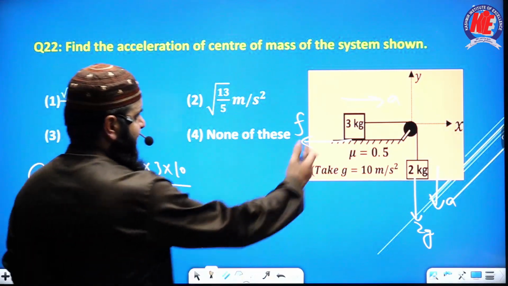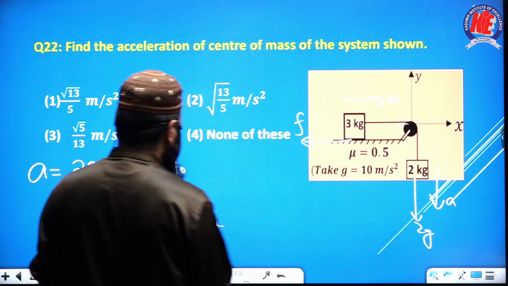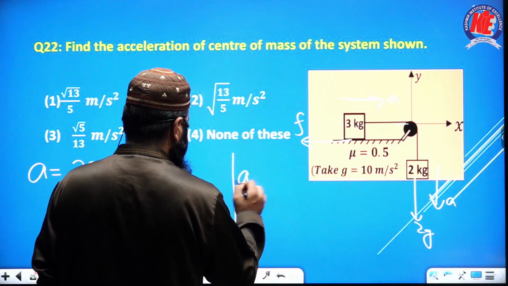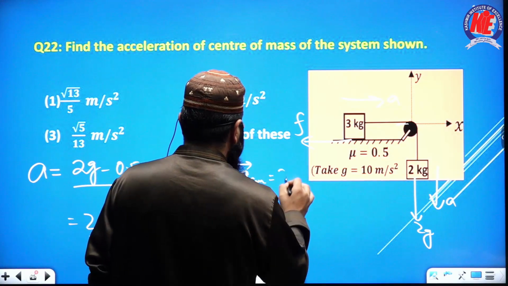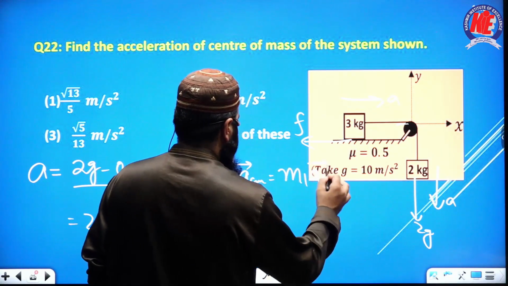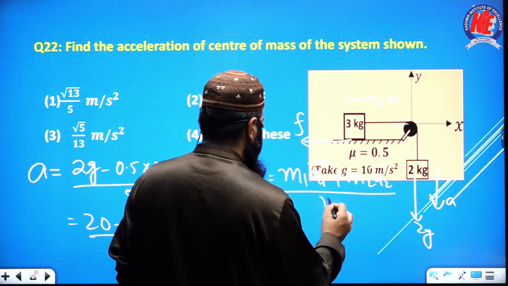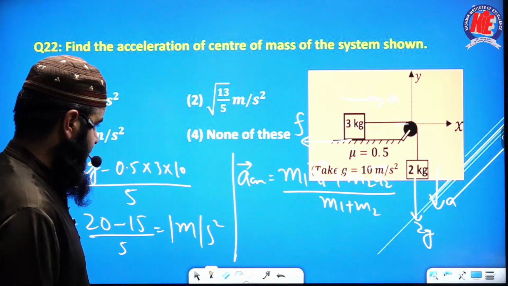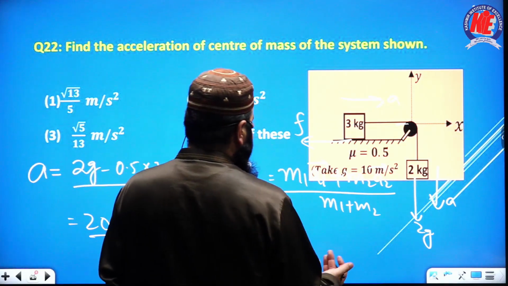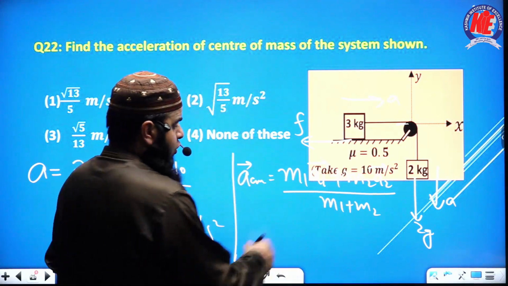अब इसकी क्या होगी बेटा, इसकी होगी i cap acceleration, इसकी बेटा minus j. अब यहां पे आओ, I will go with the acceleration of the center of mass. What is that? m1a1 plus m2a2 divided by m1 plus m2. m1a1, so that will be 3 into 1 is 3, divided by total mass.